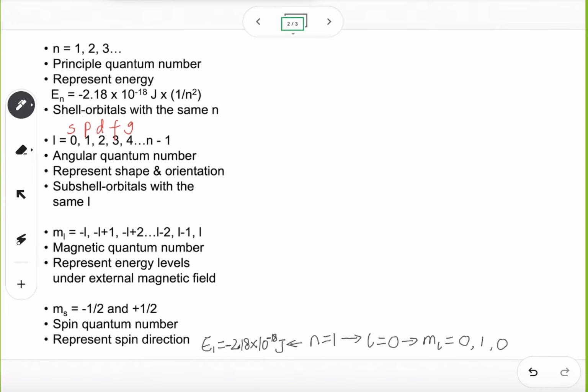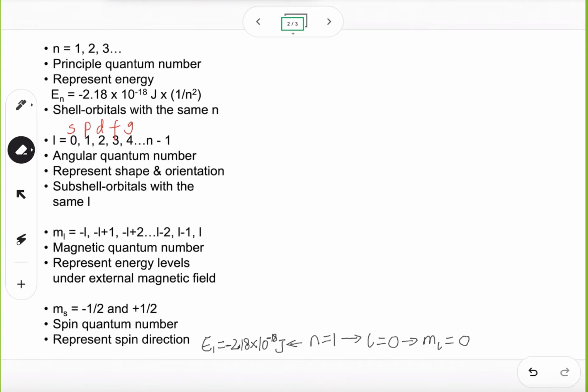So it's not possible for ML to have a value of 1. Since the smallest value and the largest value for ML are both 0, ML has only one value, and that is just 0. I'm talking about this quite slowly, so I hope that will give you enough time to follow.